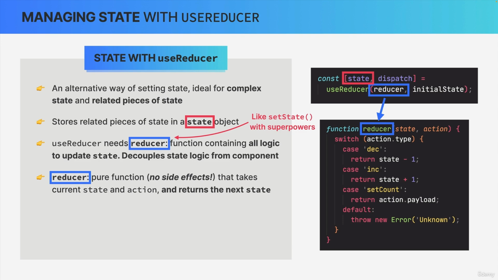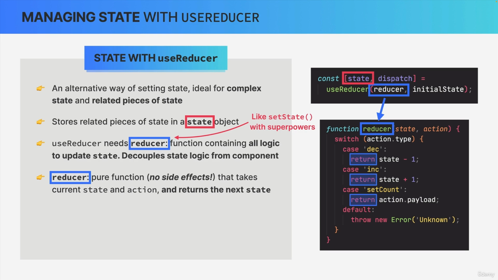Now keep in mind that state is immutable in React. This means that the reducer is not allowed to mutate the state. And in fact, no side effects are allowed in the reducer at all. So a reducer must be a pure function that always returns a new state. And again, based on the current state and the received action.